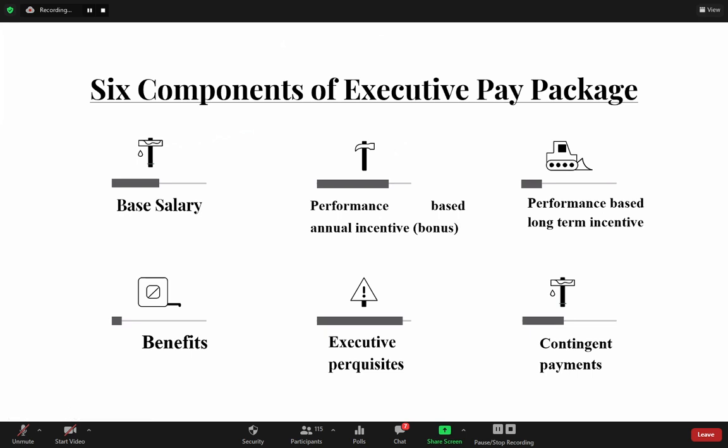So we have 6 components that constitute the executive pay. These are the base salary, performance-based annual incentives, long-term incentives, benefits, executive perquisites, and contingent payments. So we'll start off with the base salary.